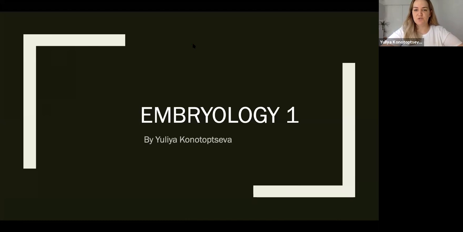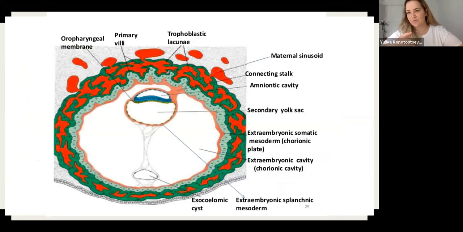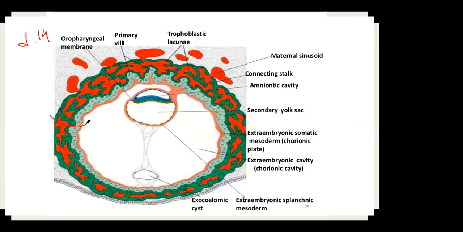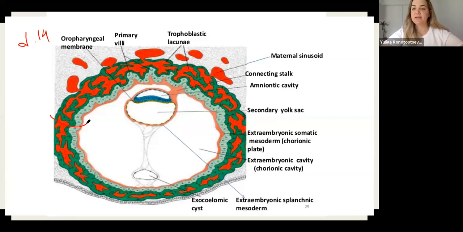Okay, we have finished with this picture. I edited it right now, you don't have it, but we have finished with this picture. You remember that this is day 14 of the blastocyst stage. How do we call this together? Chorionic plate. Yes, we are going to call it chorionic plate.